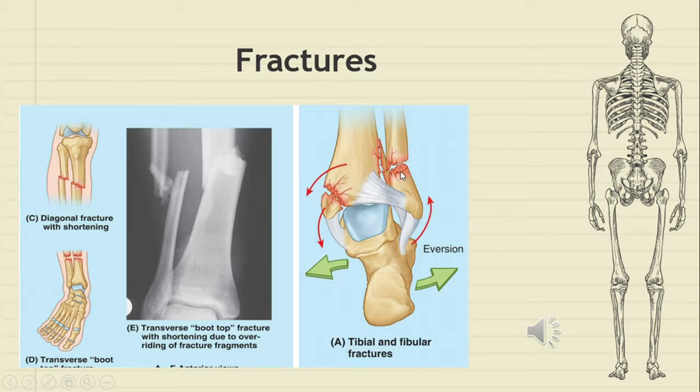There is also strain on the medial collateral ligament here, and the medial malleolus can also fracture like in this diagram. Then the lower part of the lateral part of the fibula can also tear like here. These are the different stages of an important fracture known as Pott's fracture.